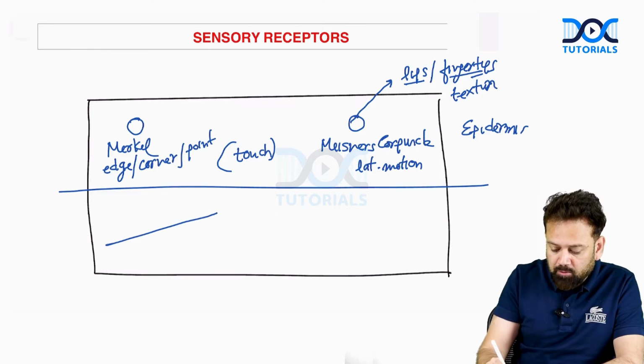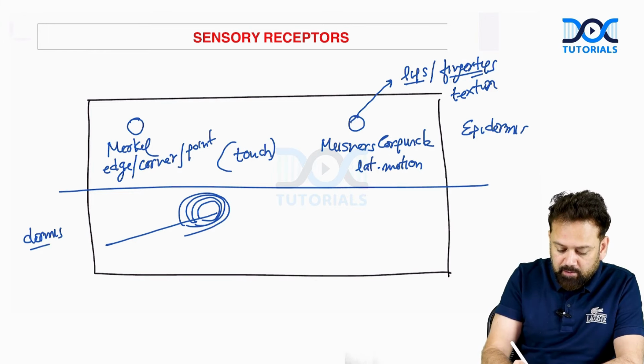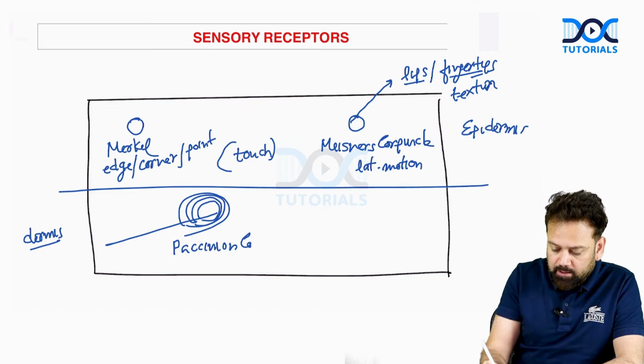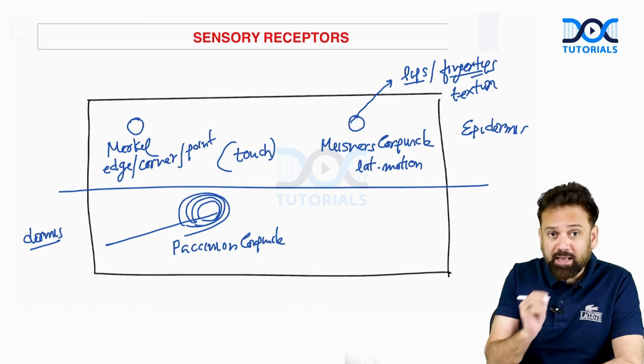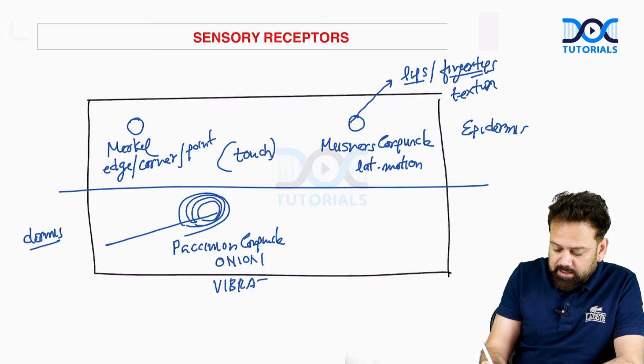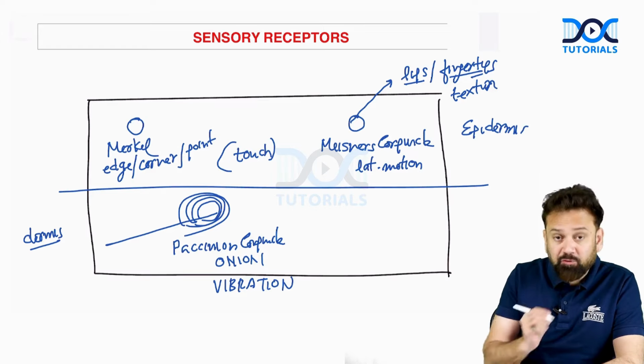Now we have one more receptor in the dermis, and that is called as Pacinian capsule. Pacinian, shape of onion. Senses vibration. Which vibration?